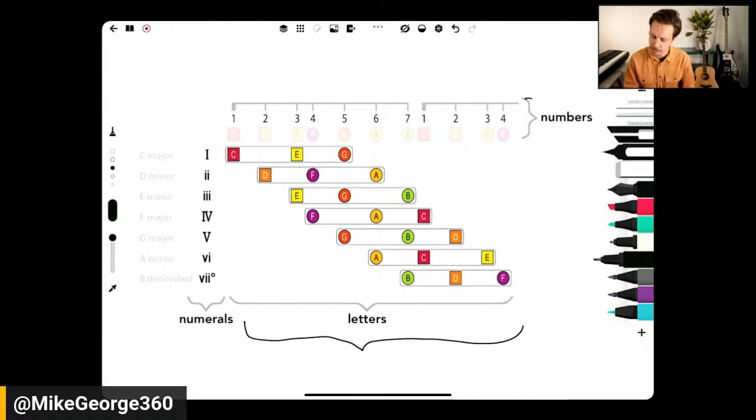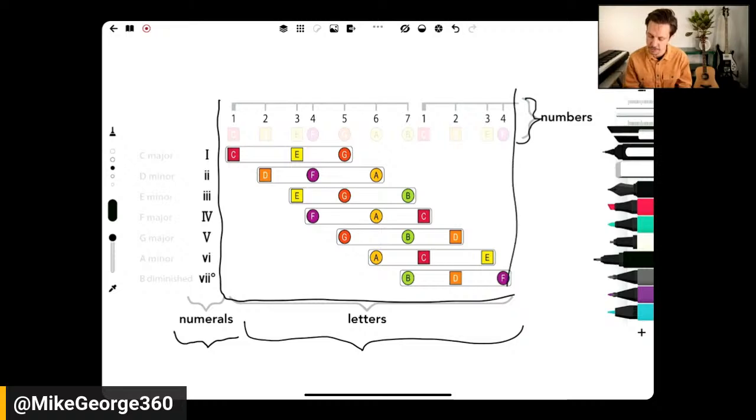We have numbers, used to distinguish scale degrees or intervals in a given key. And then we have numerals, which label the different chords that are formed within a given key based on a combination of letters and numbers. So pitches and intervals combined form chords.